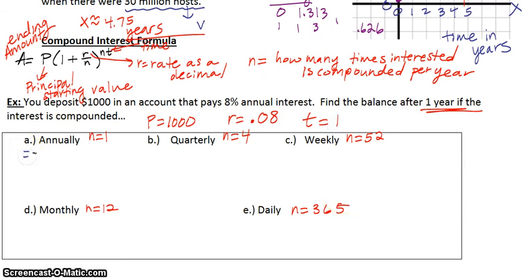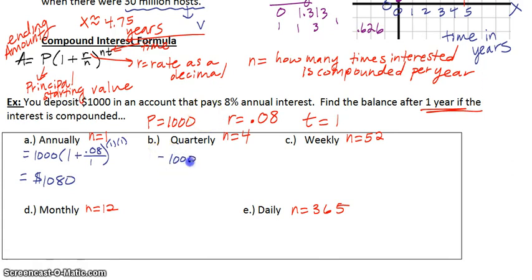I'm going to plug in my P value, which is 1,000, and my interest rate as a decimal. N is 1 this time, and T is 1. When you type that into your calculator, you end up with $1,080.